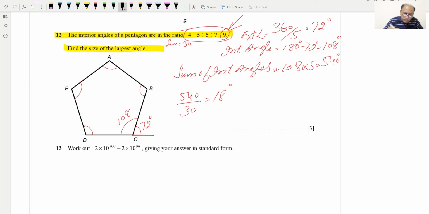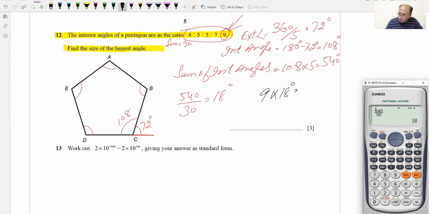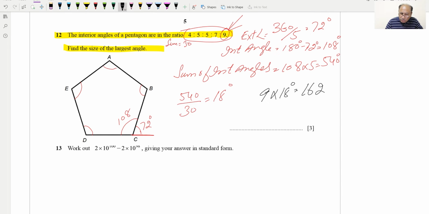So we multiply 9 by 18 degrees, which is equal to 162. So 162 degrees will be the size of the largest angle, and this is a 3 marks question which we've done.